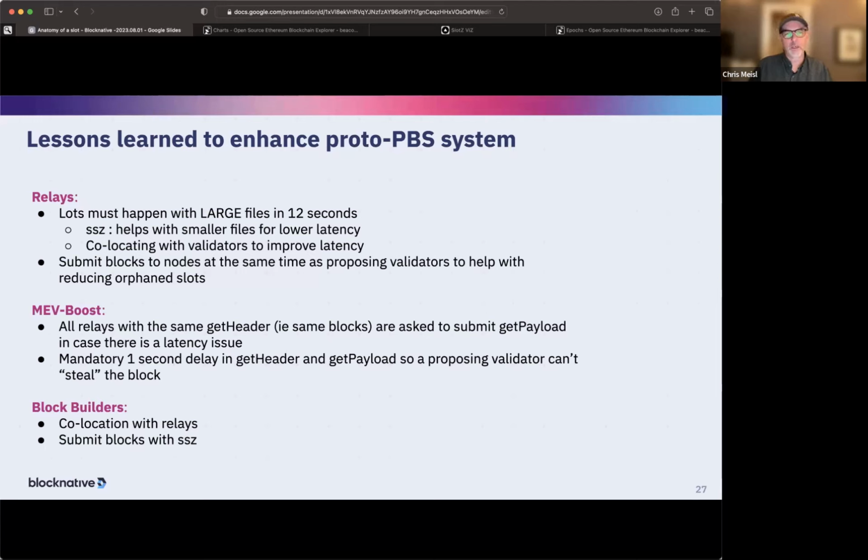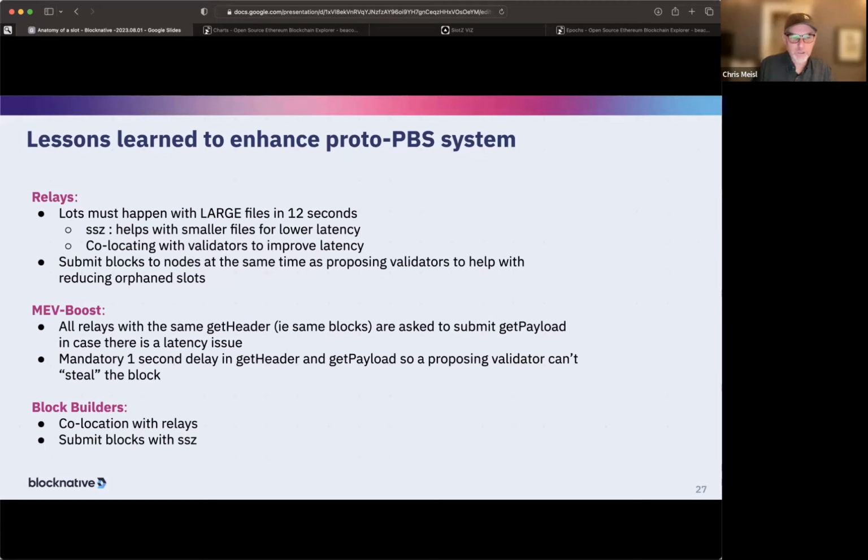Builders are co-locating with relays. That's even more common. And now all the relays will, if the relay has access to the block that is being propagated, propagate it as well to try to accelerate that, to prevent any kind of timing games and reduce any kind of orphaning of slots, these orphan or missed slots.